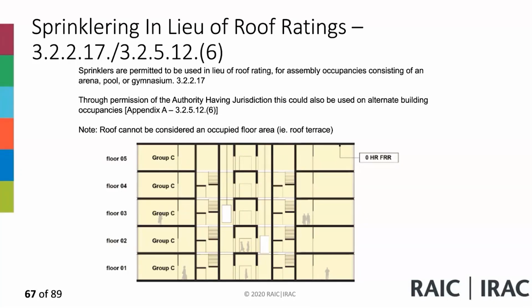Roof cannot be considered an occupied floor area like roof terraces. However, there are provisions related to roof terraces, and we can take a look at it. The floor area is measured from exterior wall to exterior wall.